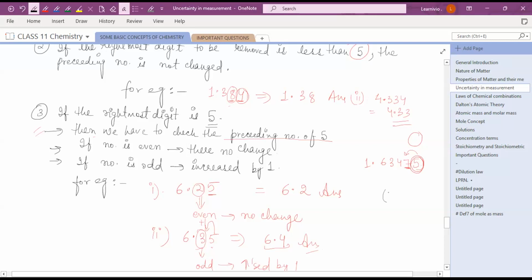We can sometimes write a symbol for increase and a symbol for decrease. But in your exam, don't do that. I'm using a shortcut over here. Done, ma'am.